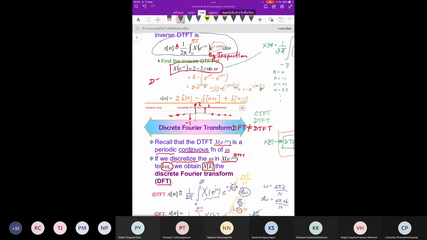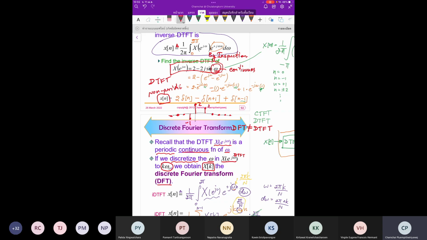This is DTFT. xn is non-periodic, omega is continuous, and DTFT is non-periodic.